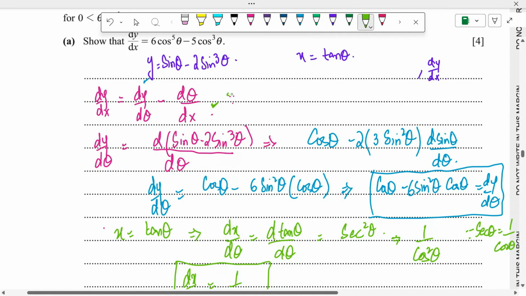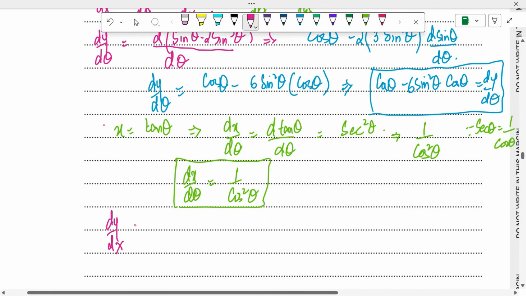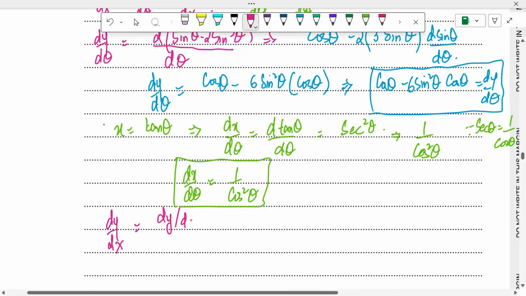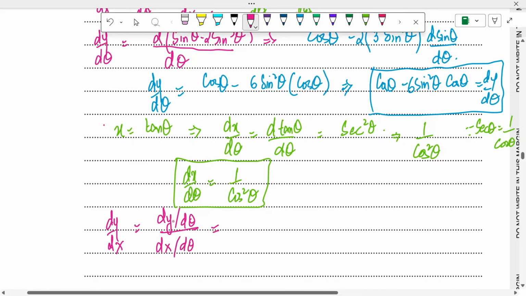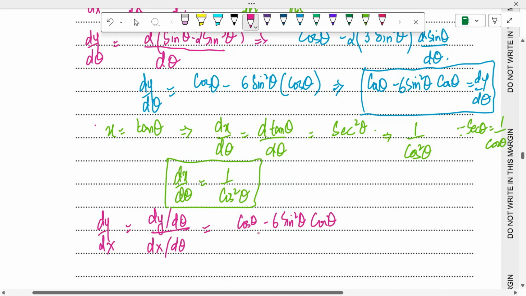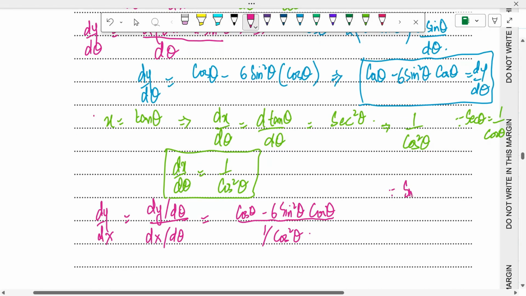Plugging into this equation, dy over dx is equal to dy over d theta divided by dx over d theta. So dy over dx is cos of theta minus 6 sin squared of theta cos of theta, over dx over d theta, which is 1 over cos squared theta. As we know, sin squared theta is equal to 1 minus cos squared theta.